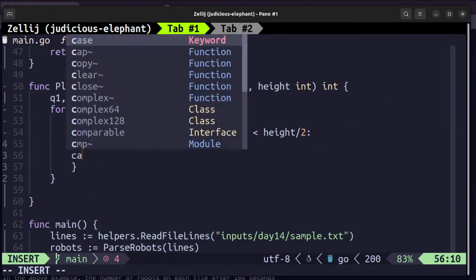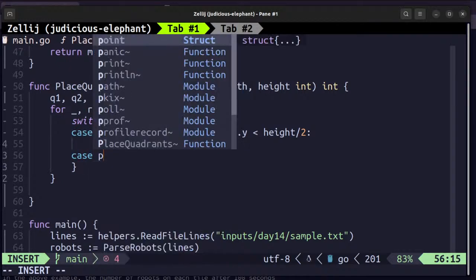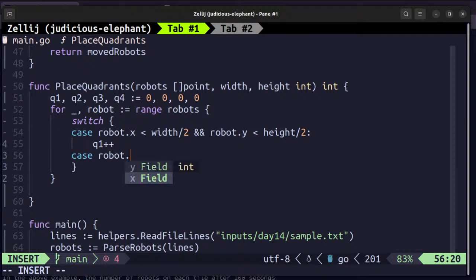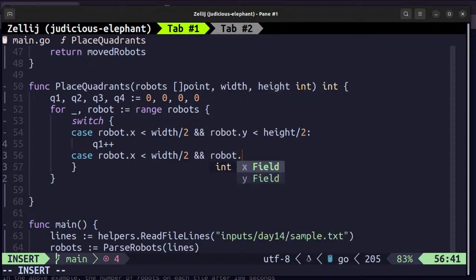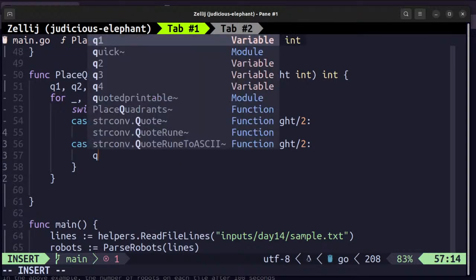And if the case is robot of x is less than, so this will still be less than the width, and our y coordinate will be greater than the height by 2, definitely within that range. So we need to add q2.